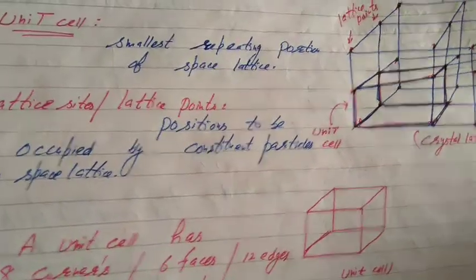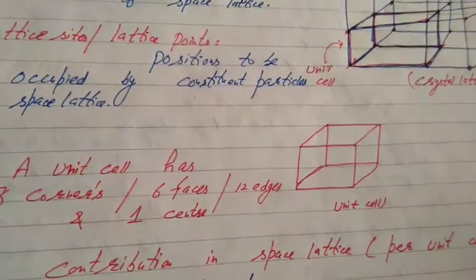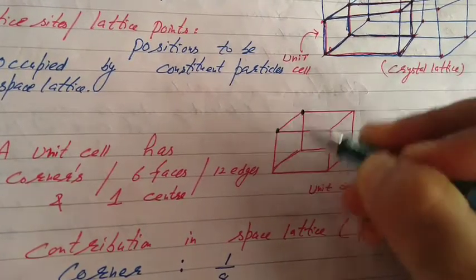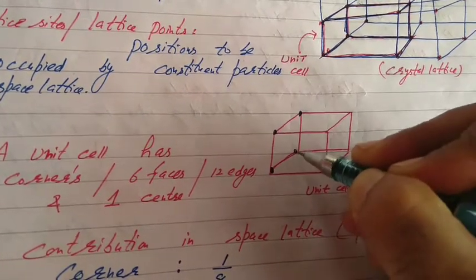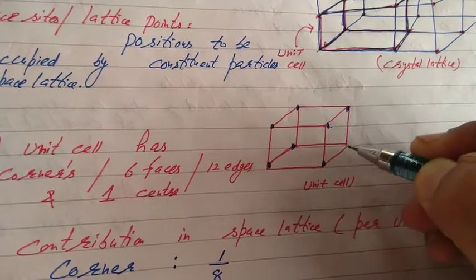After this, students, next, all of you know a unit cell possesses 8 corners: 1, 2, 3, 4, 5, 6, 7, 8.